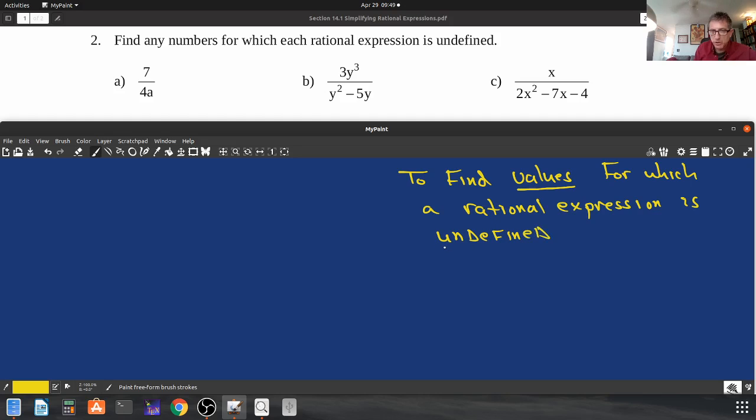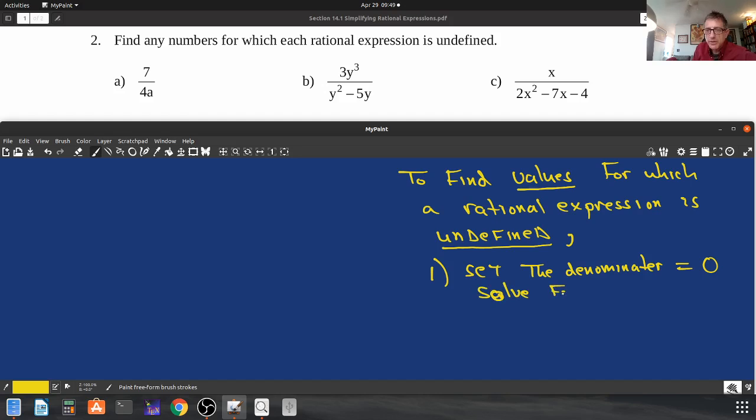This will be something you'll be doing also in intermediate algebra. Here's what you do. 1. Set the denominator equal to 0. Solve for the variable. There's only going to be one variable. We're only dealing with polynomials in one variable at this point.